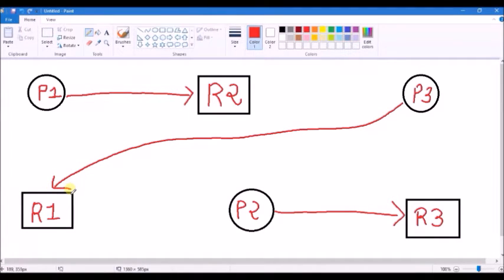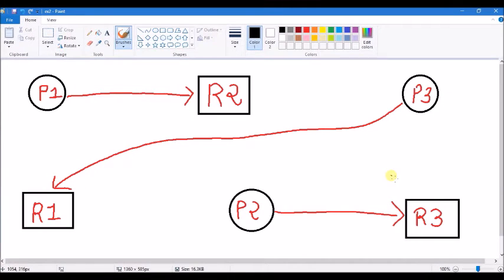Now in this system, all processes P1, P2 and P3 are non-preemptive, but all are trying to access different resources, and hence this system never goes into deadlock.